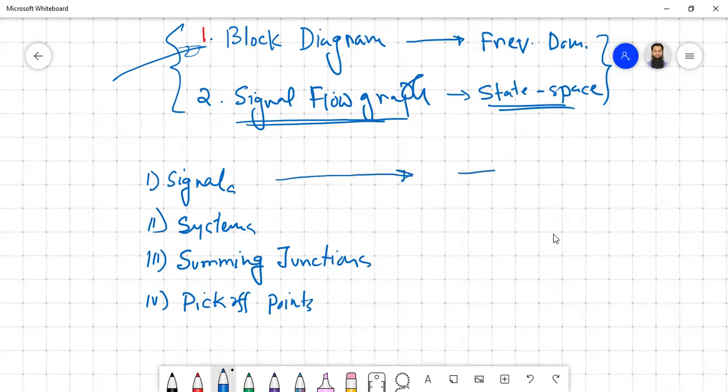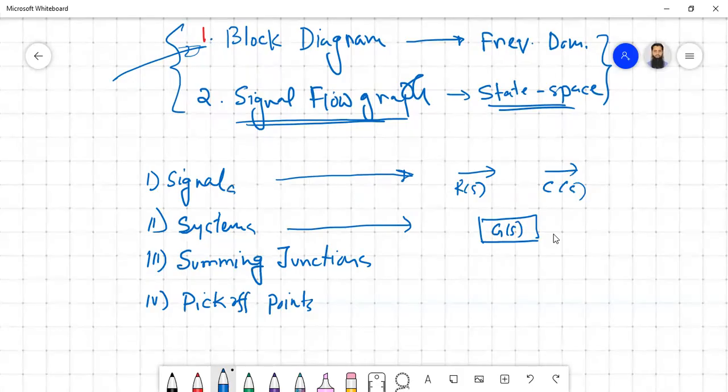Very simply with arrows, like R(s) and C(s). A system is represented by a box, let's say G(s) or H(s), G1, G2.